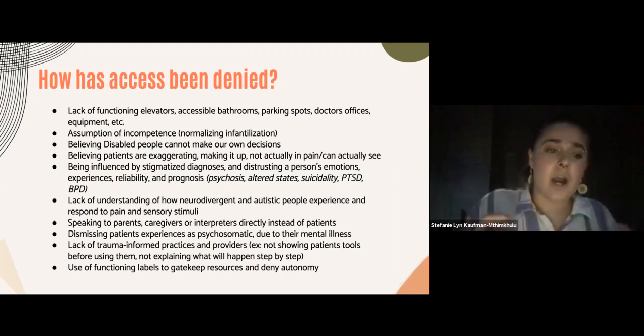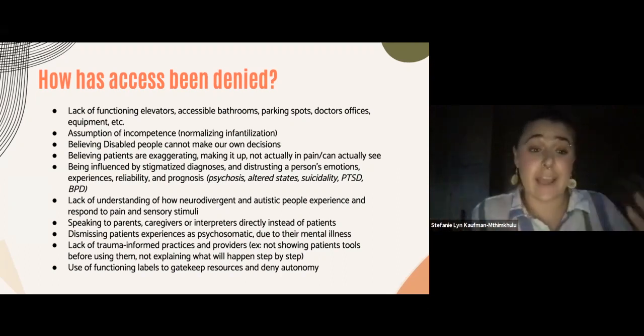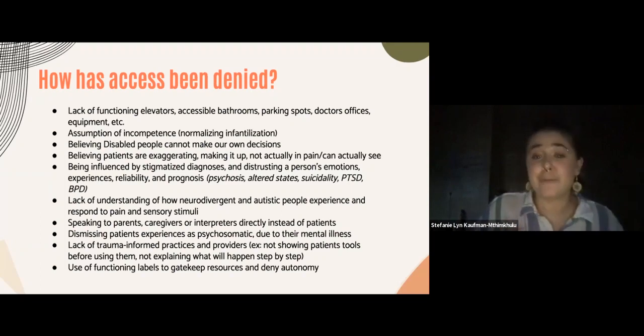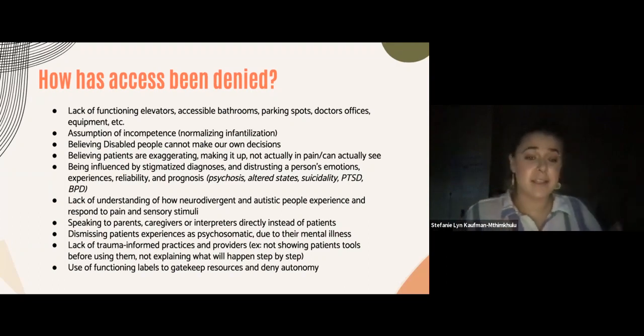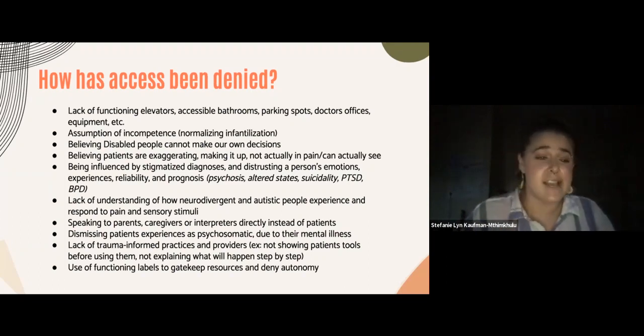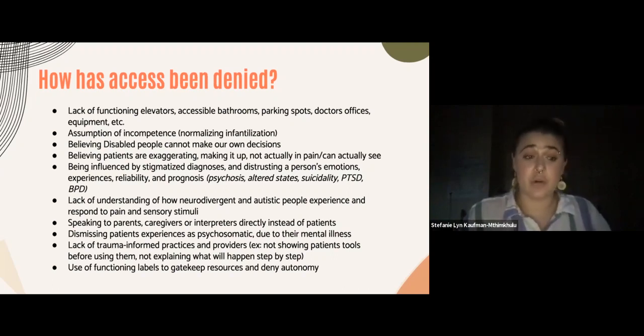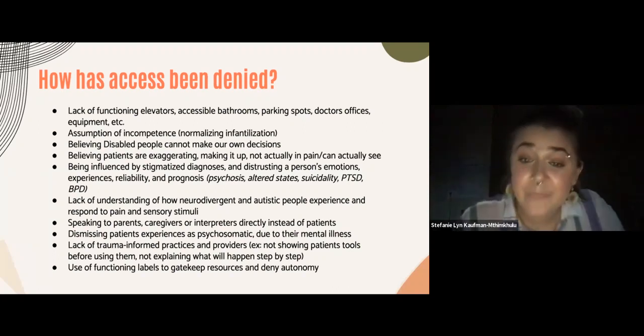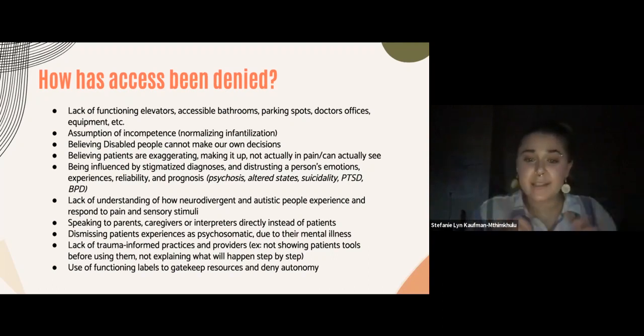But we want to think about a lack of functioning elevators, accessible bathrooms, parking spots, doctors' offices, and equipment. Many people who use wheelchairs don't get weighed because doctors' offices don't have accessible ways to weigh them.